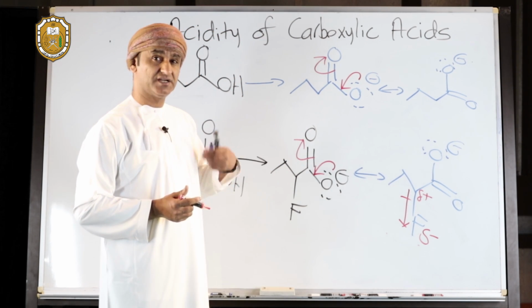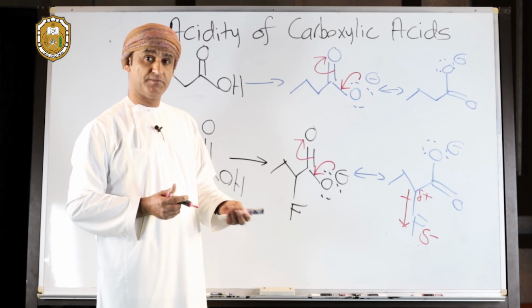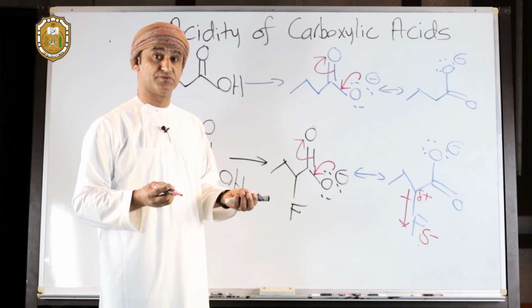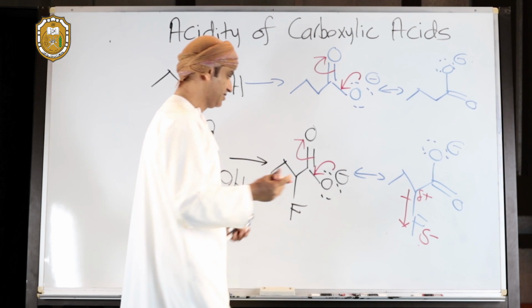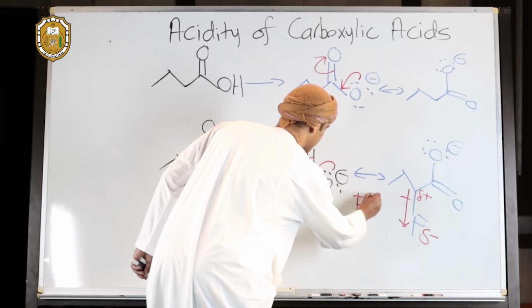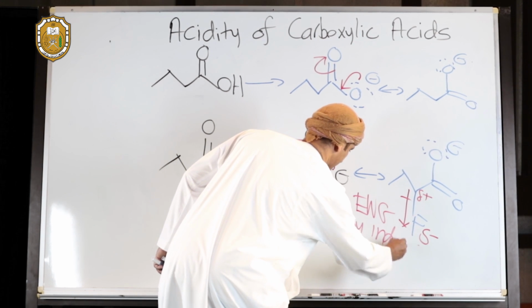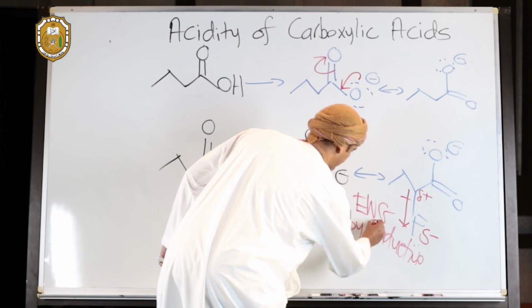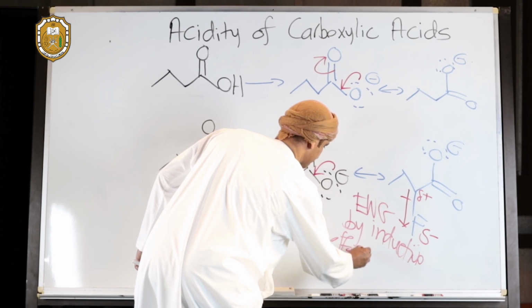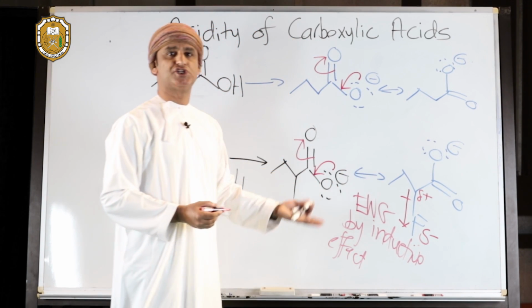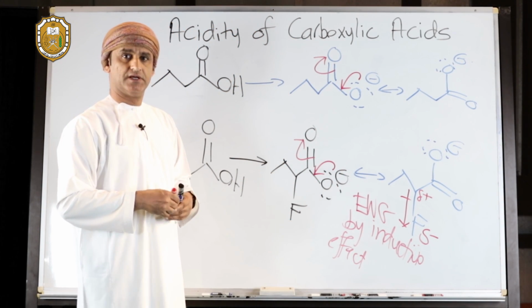So this is inductive withdrawal by the strongest electron withdrawing group in chemistry. So this is an electron withdrawing group by inductive effect. If you like, there is an additional inductive withdrawal.